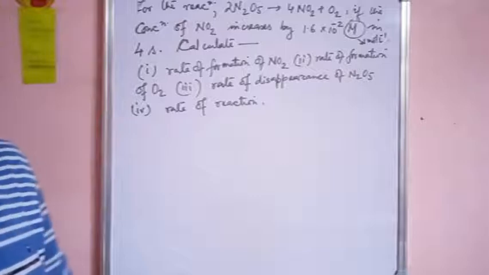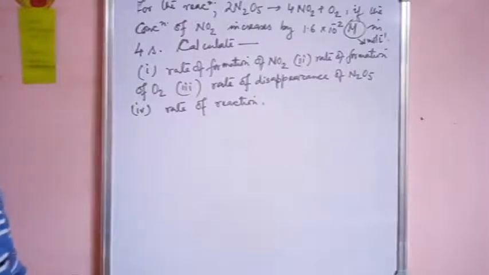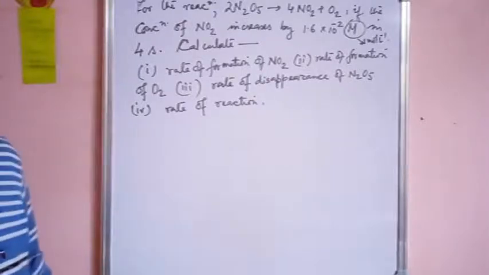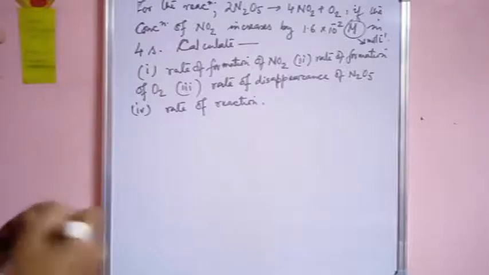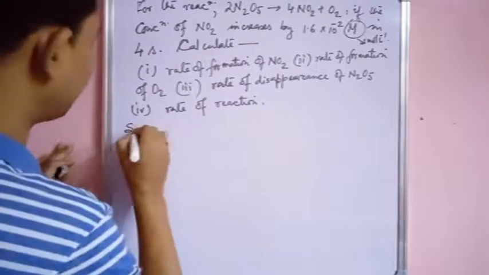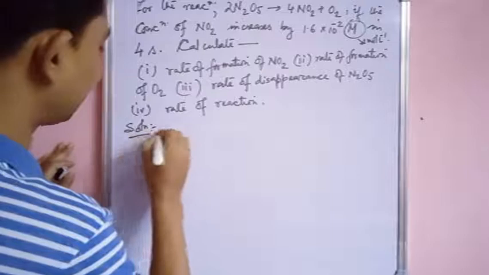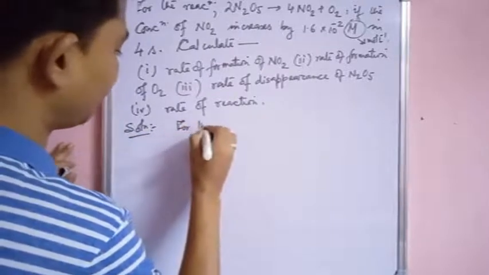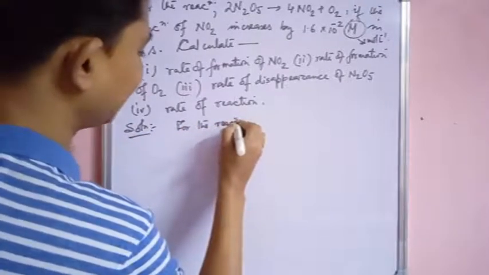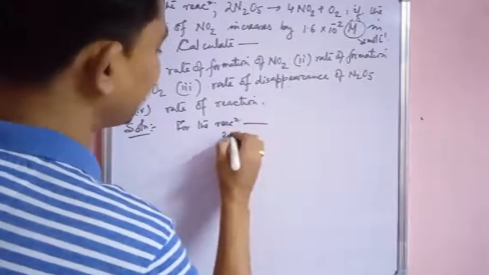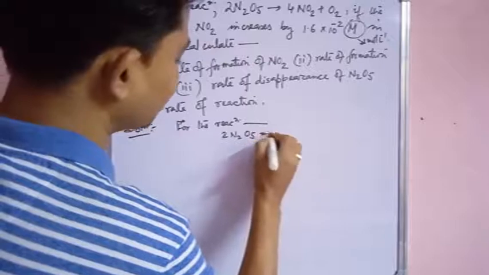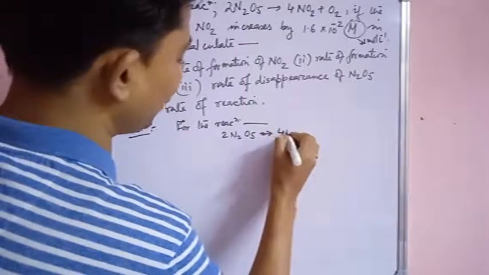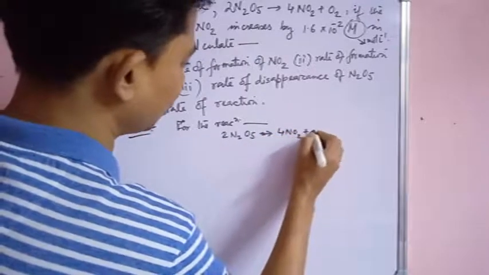And number 4, rate of reaction. So let's see, what is the differential rate equation? The solution is for the reaction 2N2O5 → 4NO2 + O2.